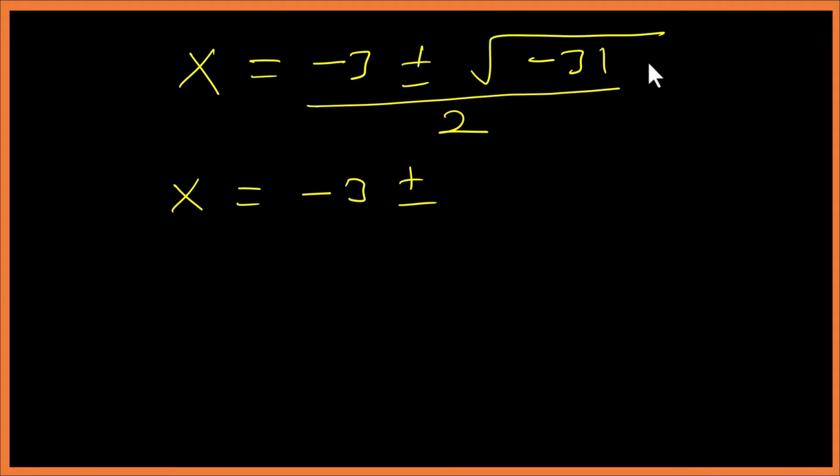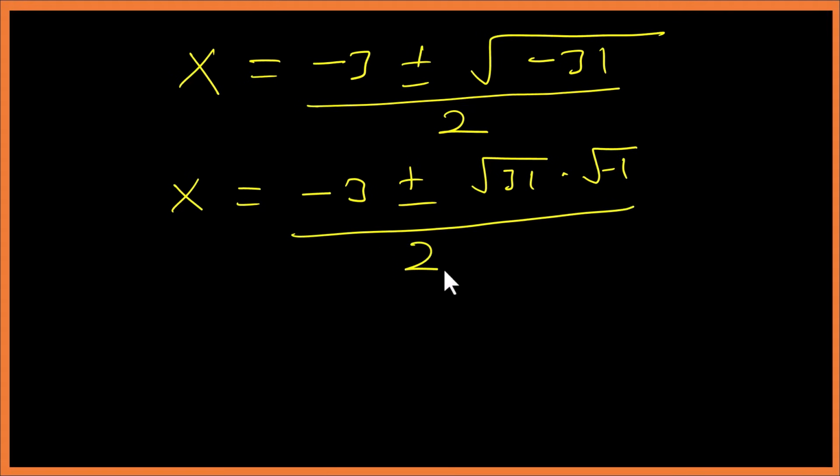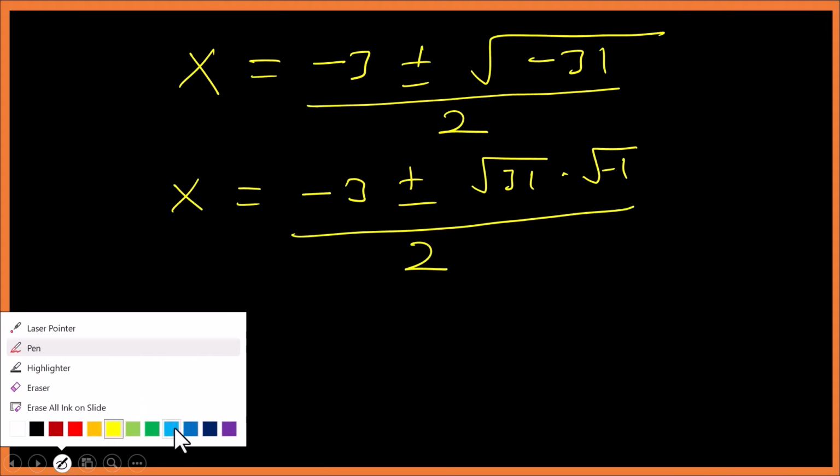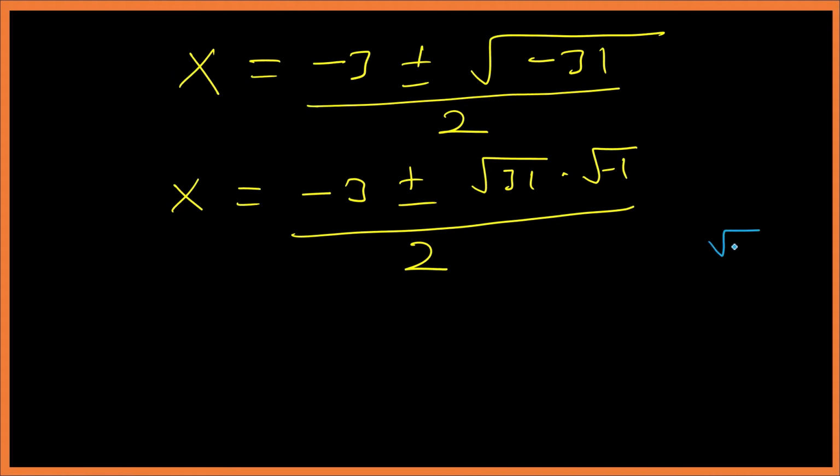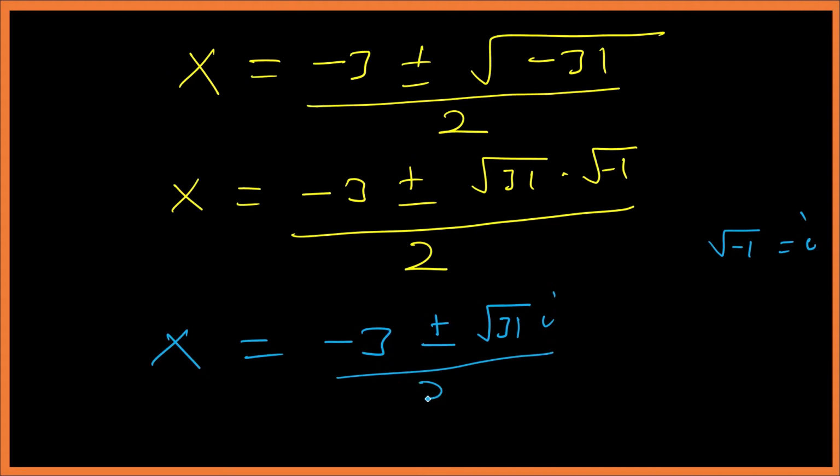Now we can write this one as square root of 31 times square root of minus 1, on 2. From complex numbers, square root of minus 1 is the same as i. So we have x equals minus 3 plus or minus square root of 31 i, on 2.